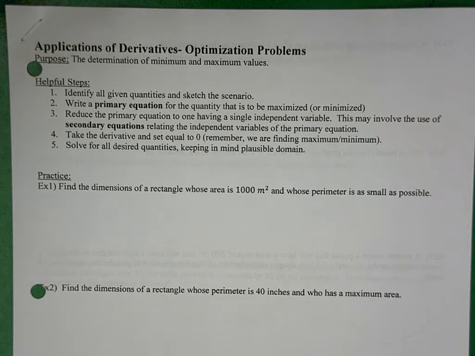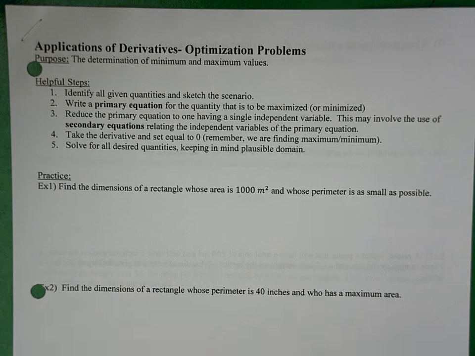Step 3, we're going to reduce our primary equation to having one single independent variable. The reason we do that is because when you write that primary equation out, you're going to have more than one variable, which complicates taking the derivative. If we can get that primary equation so that it only has one variable in it, then our derivative is really straightforward.